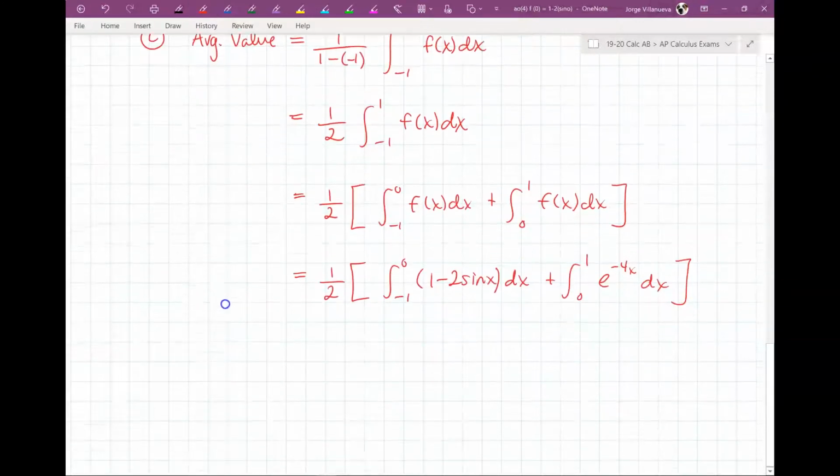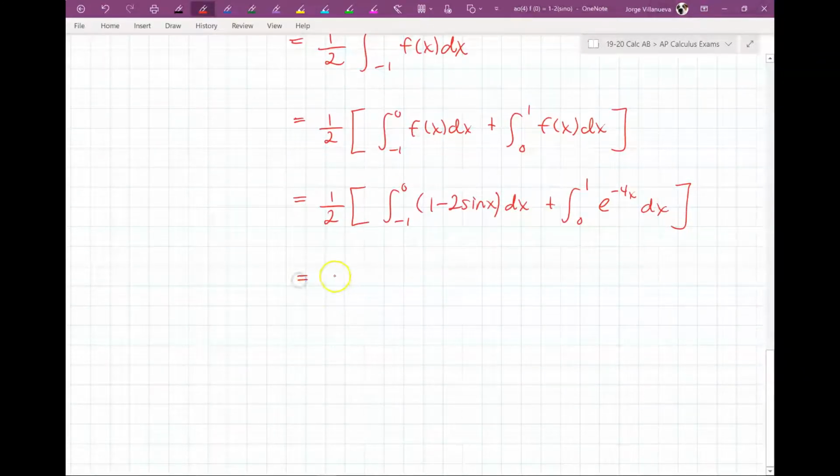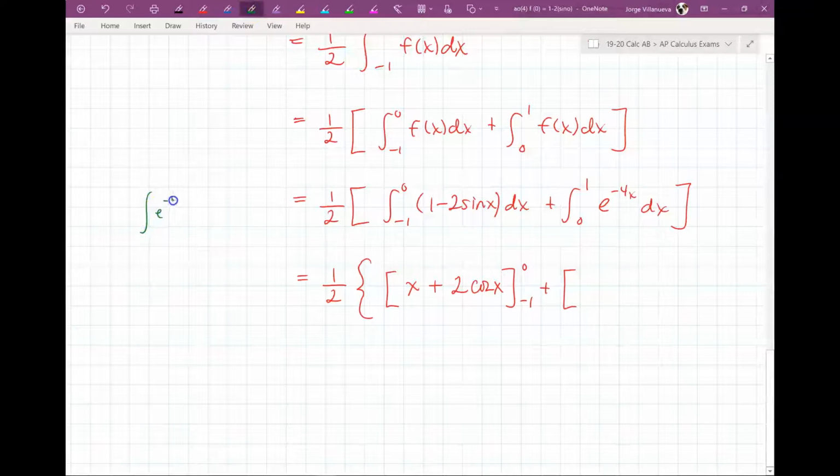All right, so let's integrate. This is 1/2. The integral of this is going to be x minus 2. Now the integral of sine of x is negative cosine of x, so plus cosine of x from -1 to 0, plus the integral of e to the -4x dx.